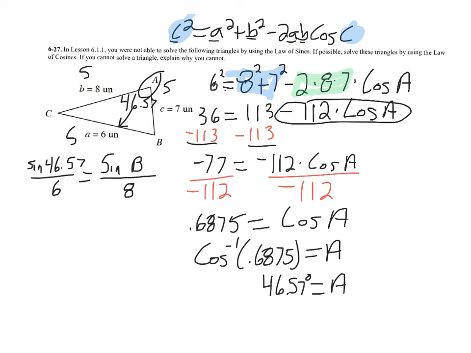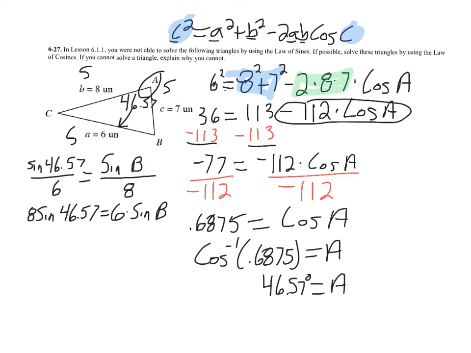Now if I multiply and get rid of my fractions, I have 8 times the sine of 46.57 equaling 6 times the sine of B.